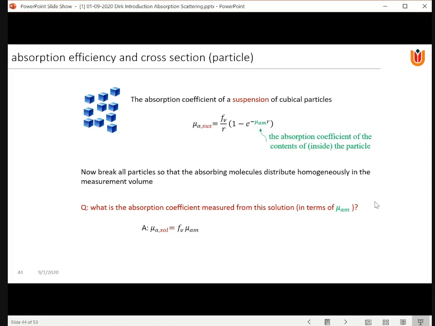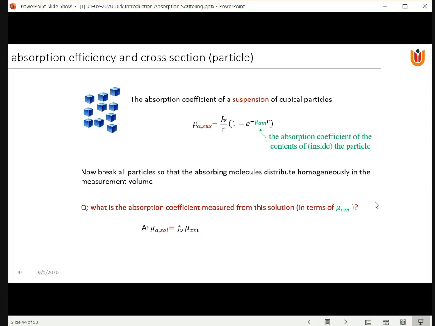So the absorption coefficient that I would measure in this case is just basically diluted: what was in the particles, it will be Fv times the absorption coefficient that was in the particles. So if the absorption coefficient of the molecules in the particles was 10 per millimeter, and I had a volume fraction of 10%, let's say, then now because all these molecules have more room for themselves, the measured absorption coefficient of the solution will go down to 1 per millimeter. Is this step clear?